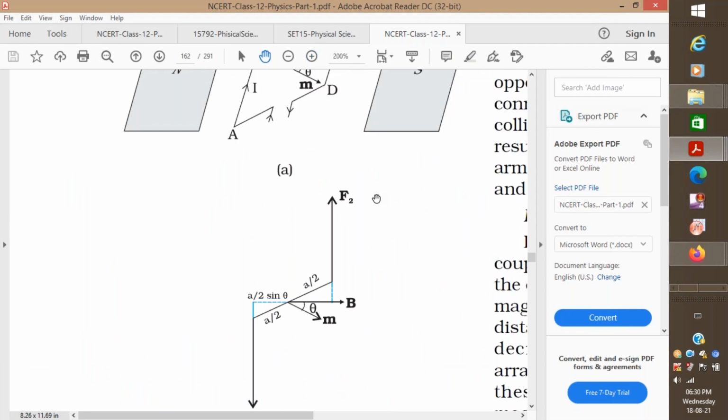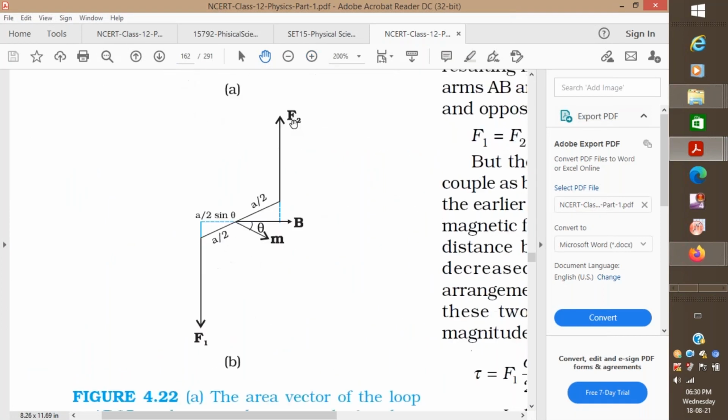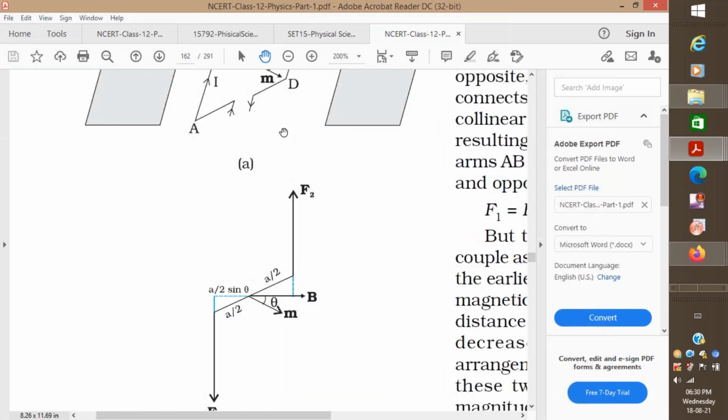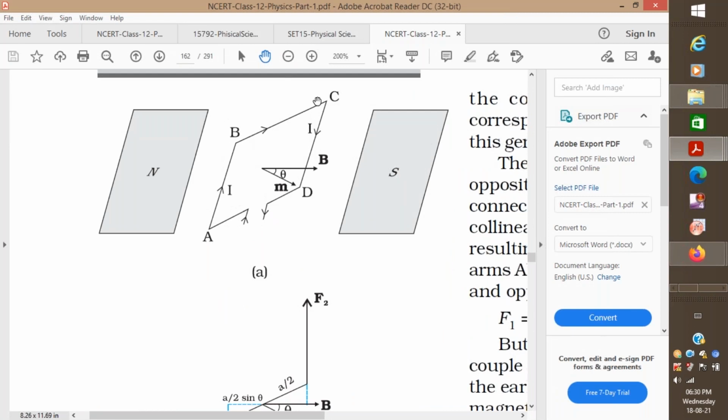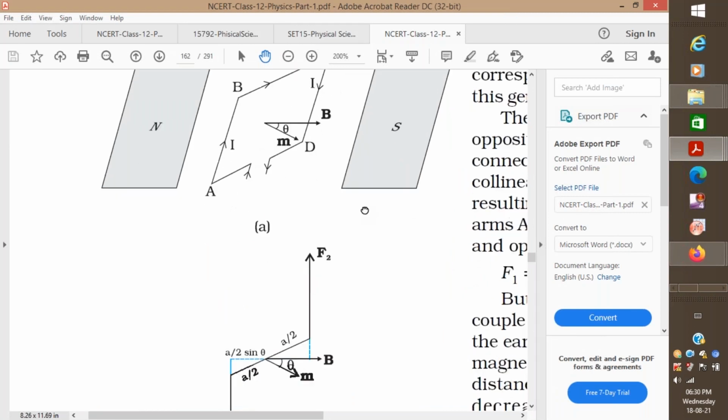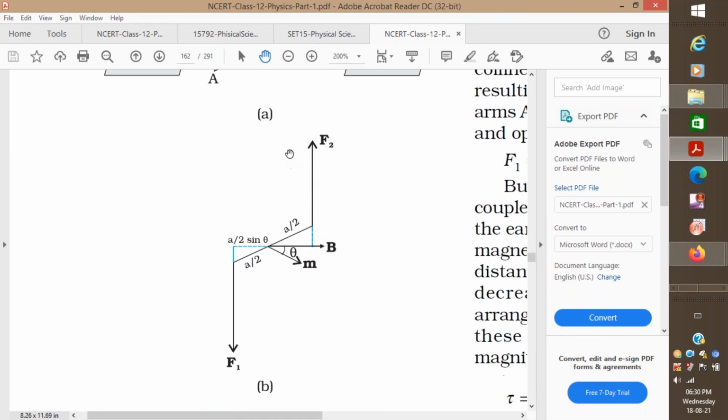So now in this case, if I keep my loop tilted with the magnetic field, we'll get this figure.